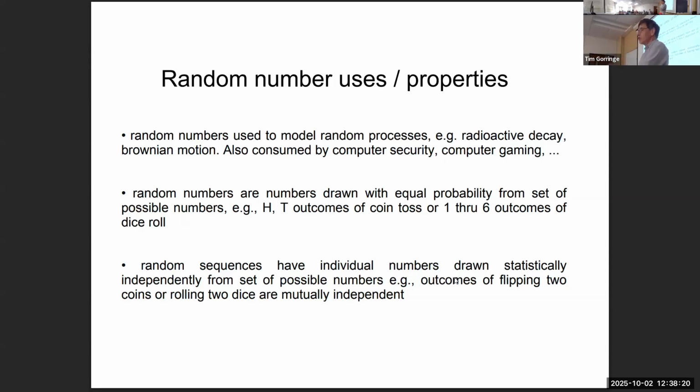So a huge number of random numbers. Random numbers for us are used, for example, if we wanted to simulate radioactive decay, we would use random numbers. We'll do that. If we wanted to simulate Brownian motion, we would have to generate random numbers, and we'll do that too. So those are two examples of physics simulations that involve random number sequences.